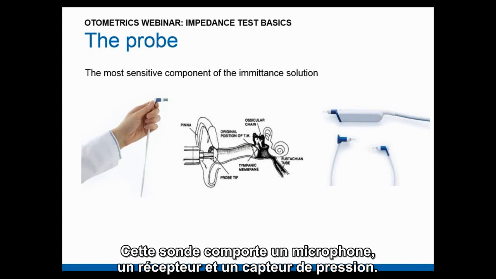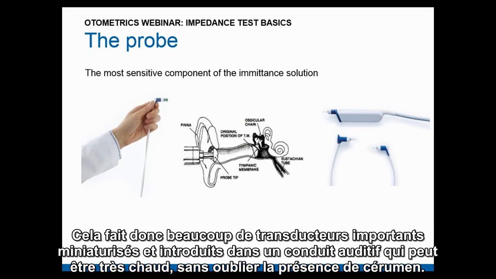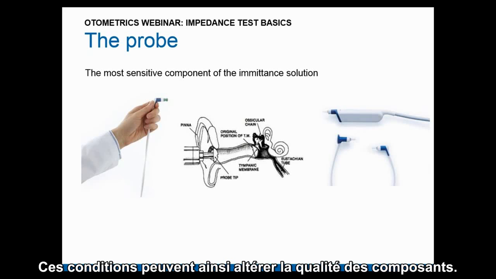Basically, in this probe, we used to find a microphone, a receiver, and also a pressure sensor. So a lot of different important transducers miniaturized and introduced in an ear canal, which can be very hot, very warm, with earwax. So these conditions can actually affect the quality of the components.